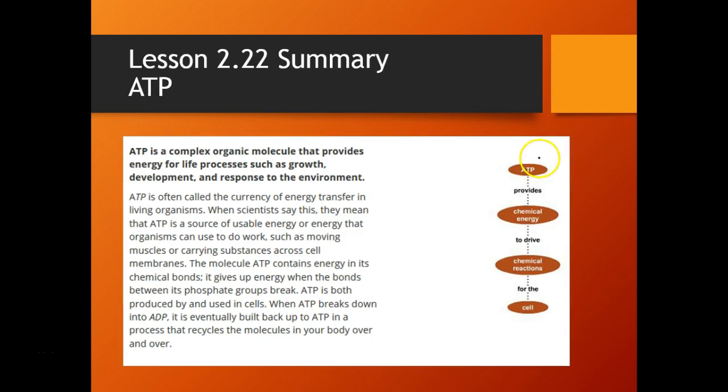So a summary of this lesson is that ATP provides chemical energy that's usable in all organisms to drive chemical reactions for the cell. The molecule ATP contains energy in its chemical bonds.